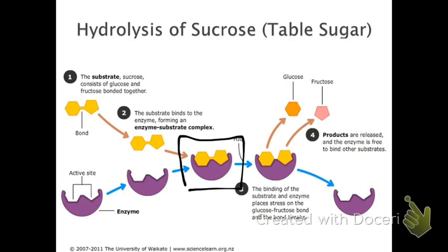Label the purple thing there; it is your enzyme. And this entire thing is called an enzyme substrate complex. Now, if you want to use colored pencils to differentiate what you have for your enzyme and your substrates, that's fine too.